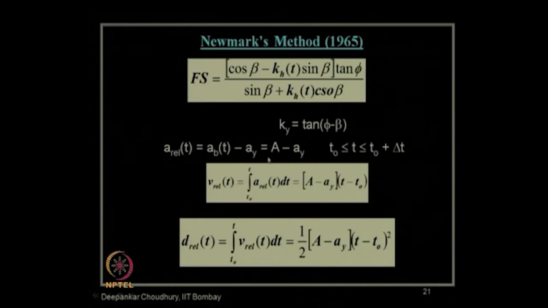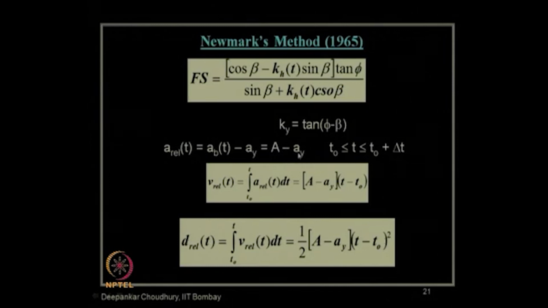But if the seismic acceleration at the site is more than this critical seismic acceleration or yield seismic acceleration, then of course, your slope is going to fail, because factor of safety will be less than 1 in that case, and how much will be the displacement, that needs to be estimated. So, that estimation is done like this: relative acceleration which is causing the displacement can be estimated as actual acceleration at the site minus the yield acceleration.